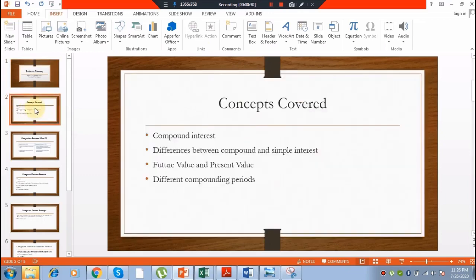Just to get things started, we're going to go through the concepts we're going to touch on in today's episode: compound interest, differences between compound and simple interest, future value and present value, and different compounding periods.